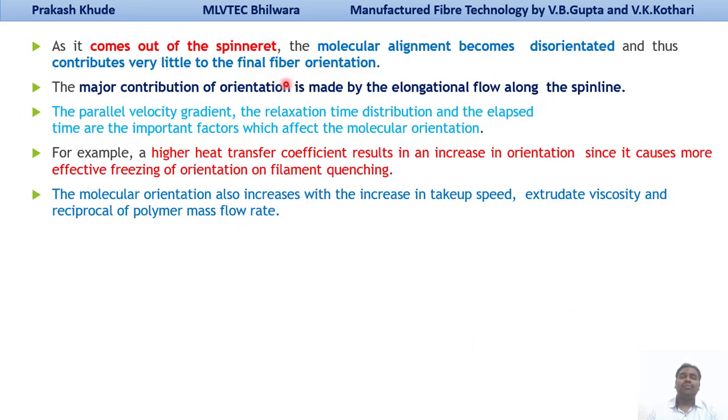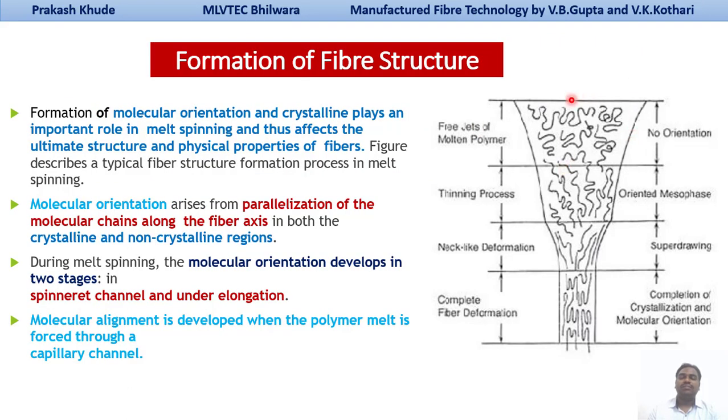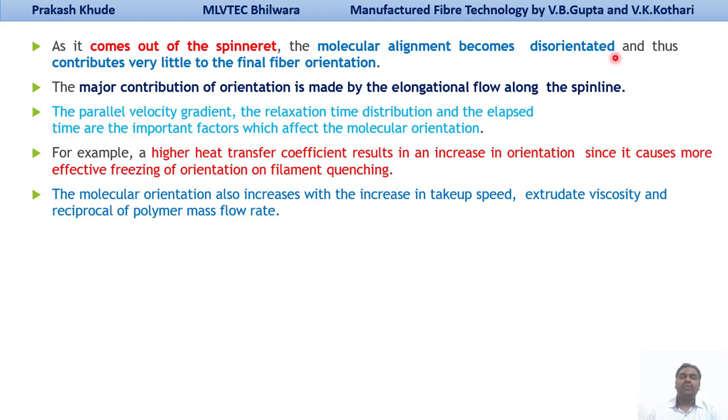As it comes out of the spinneret, the molecular alignment is disoriented, as we have seen, and this contributes very little to the final fiber orientation. The major contribution to orientation is made by the elongation flow along the spin line.